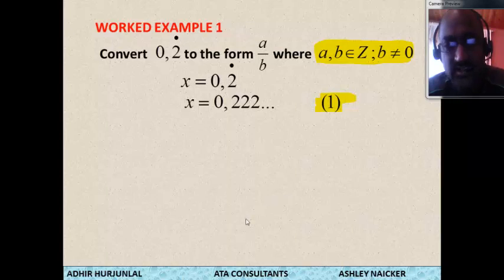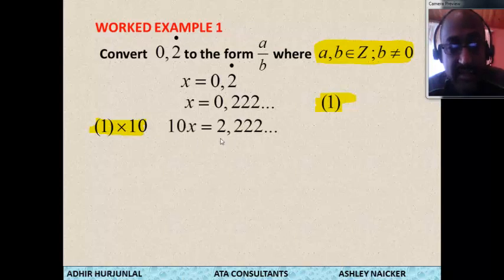Take equation number 1 and multiply it by 10. I end up with x times 10, which is 10x. 0,222 multiplied by 10 equals 2,222. And this, learners, I will call equation number 2.